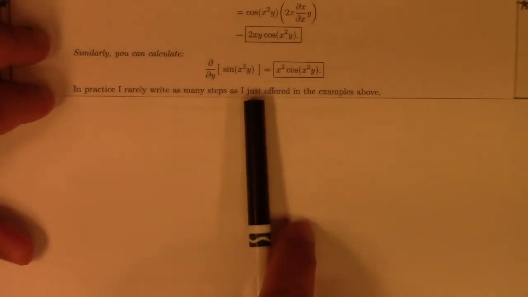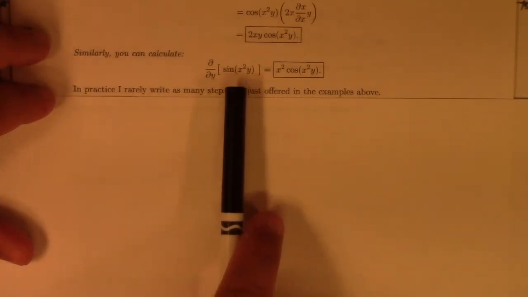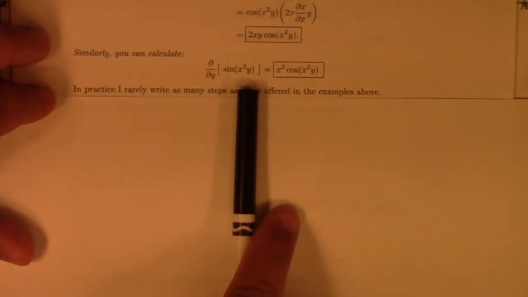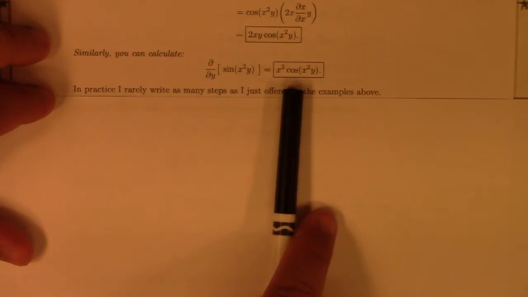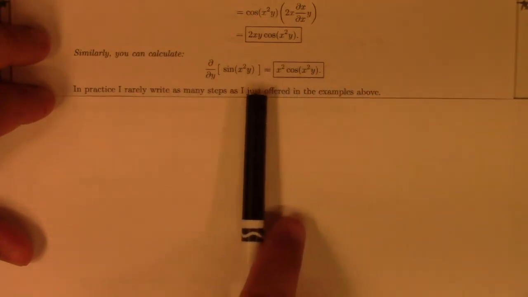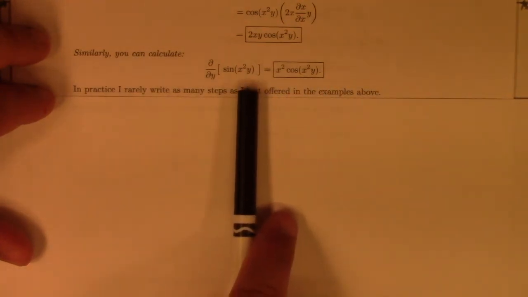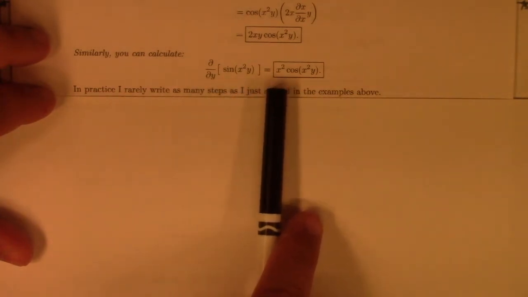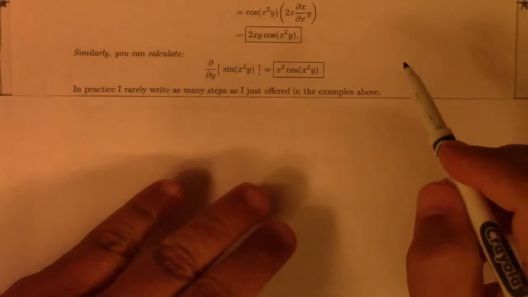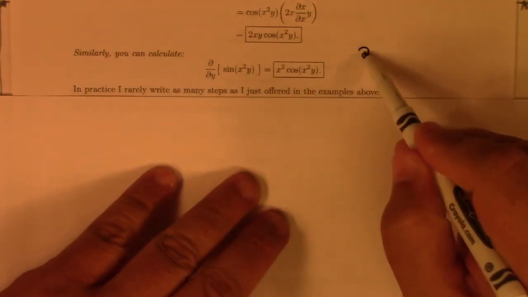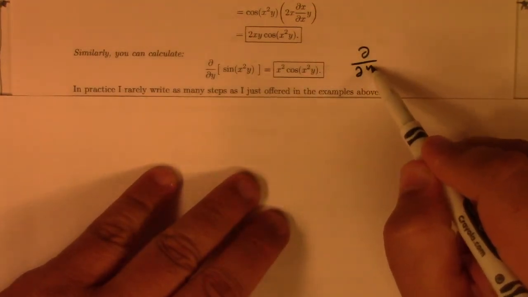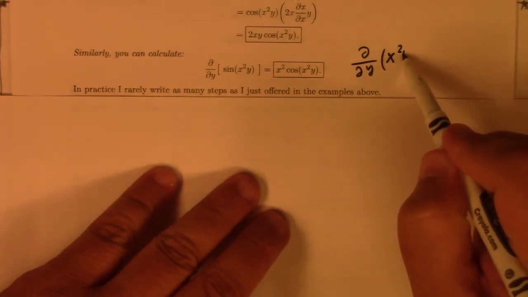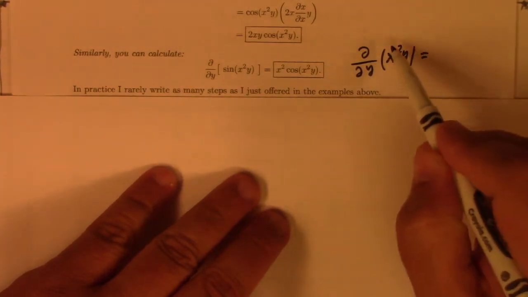So here's a quicker calculation, I suppose. Derivative with respect to y of sine x squared y. So I do cosine of x squared y times the partial derivative of x squared y. What's the partial derivative of x squared y with respect to y? Well, it's just x squared. So the thing that's driving that is that in partial y of x squared y, basically x squared is constant.